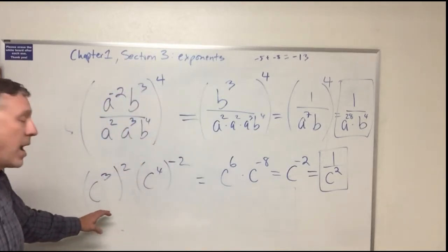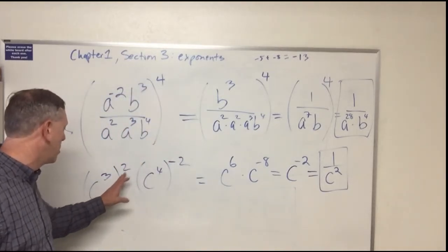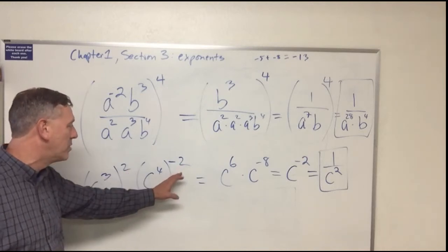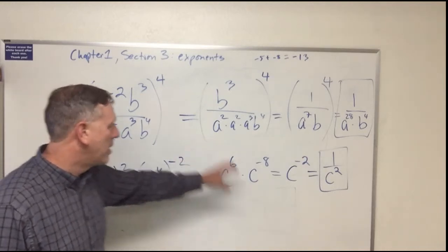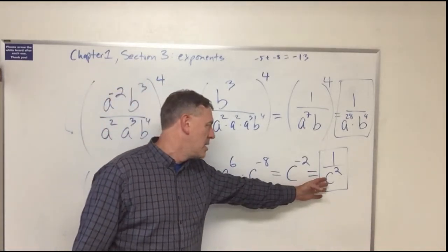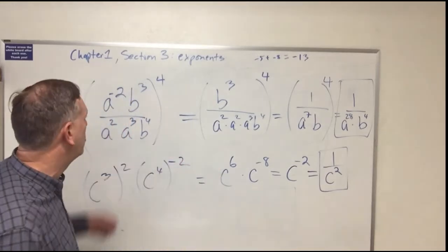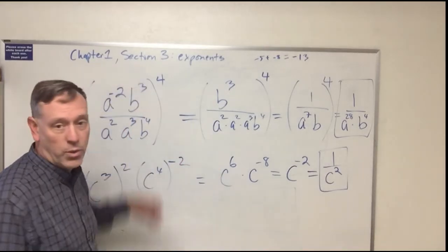So we start with a kind of complicated set of information, c to the 3rd all squared, c to the 4th to the minus 2 power, but by the time we're all done, it's 1 over c squared, a fairly simple looking term at the end. So that's how problems in this section, chapter 1, section 3, are done.